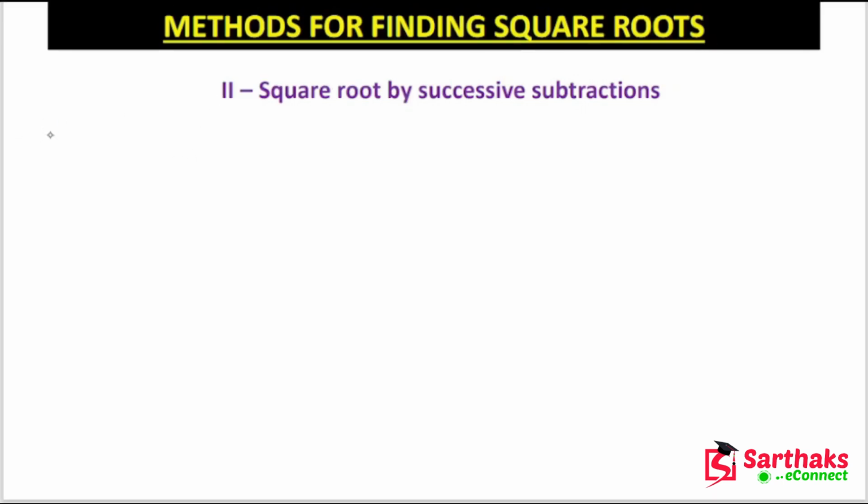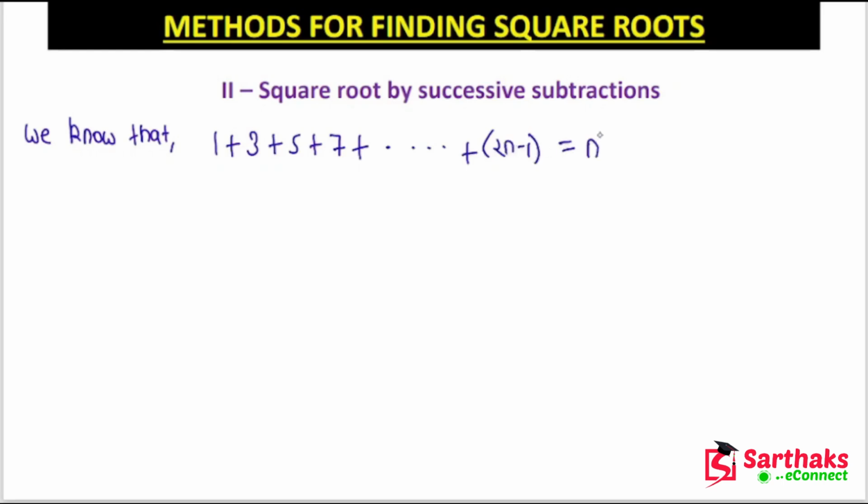So first of all, we should recall that 1 plus 3 plus 5 plus 7 plus dot dot dot plus (2n minus 1) is equal to n square. That is, the sum of first n odd natural numbers is n square. Okay, so according to this property, if I add the first 6 odd natural numbers, then I should get 6 square, that is 36. Okay, so this is exactly what this property says.